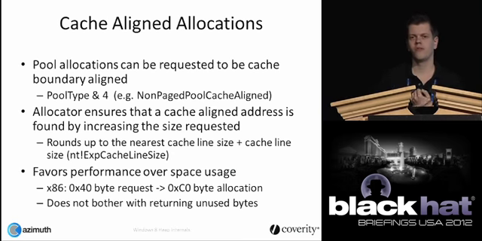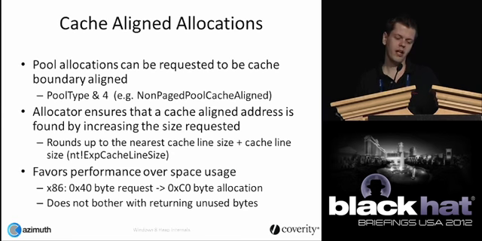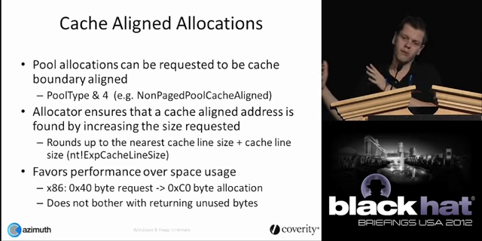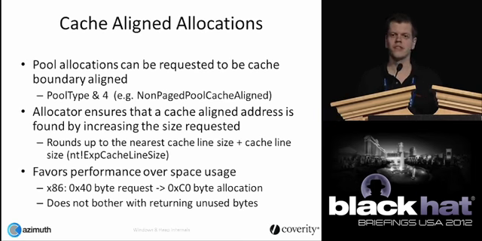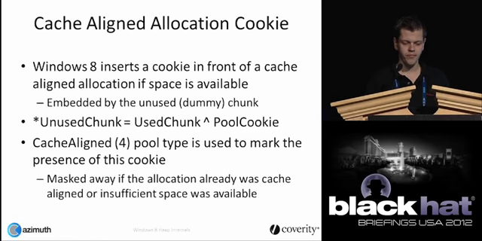So on 32-bit, if you try to allocate 0x40 bytes of the cache-line type, it will end up with a 0xC0 allocation in order to ensure that the fragment it needs is on a cache line boundary. And in carving out that fragment, it does not bother returning any unused bytes. It simply lets the bytes stay in that allocation.